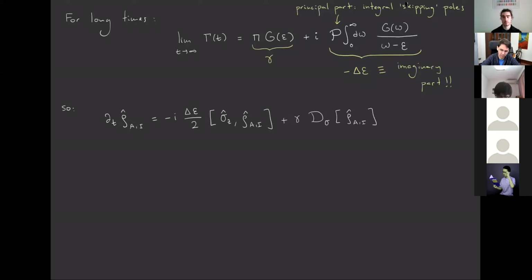So what is this? This is just the same master equation that we found. At least the dissipator part is exactly the same, but we get a Hamiltonian contribution. This Hamiltonian contribution comes from the imaginary part of the decay rate, and in particular in the atom, this Hamiltonian contribution is a sigma z.